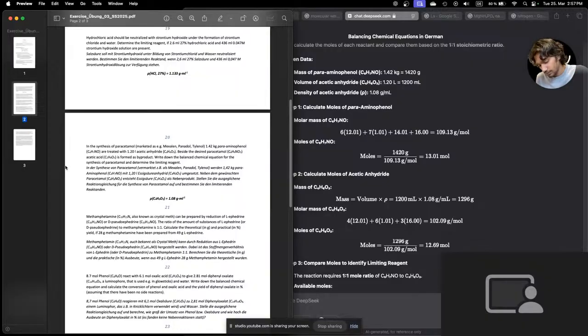If you take the ratio of reactants, it equals 1:1, and here acetic anhydride has the lesser amount of moles, which makes it the limiting reagent.